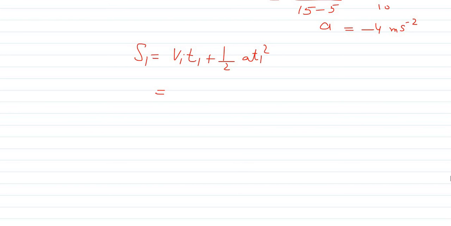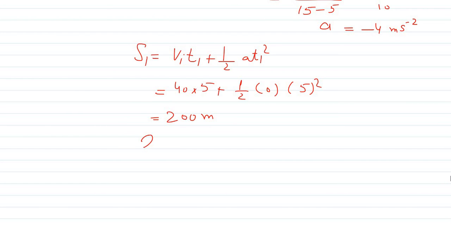The value of vi is 40 multiplied by 5, plus 1 over 2, the value of a is 0, t1 is 5 square, and when we solve this we get the answer 200 meter. But it is the distance before coming to rest, and let s2 be the distance traveled by the car during the next 10 seconds when it moves with uniform deceleration a.